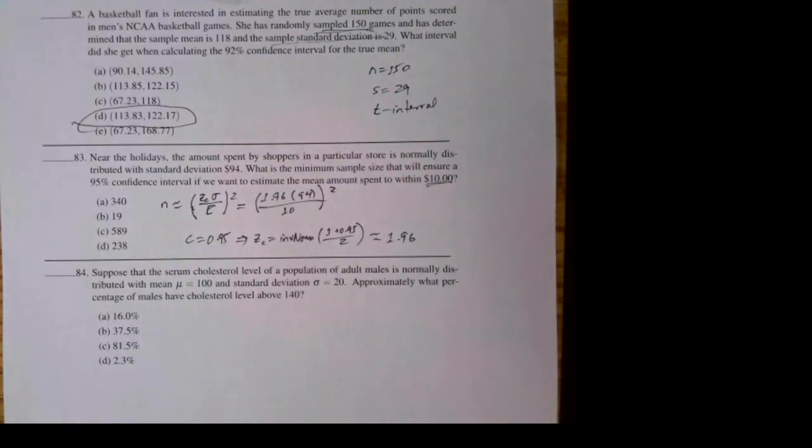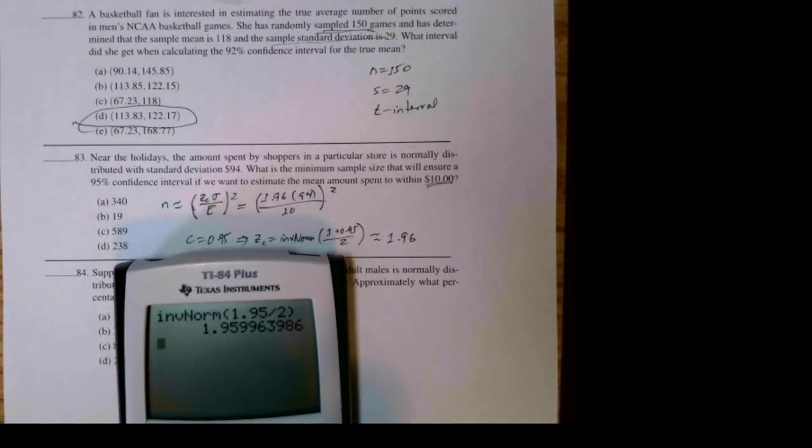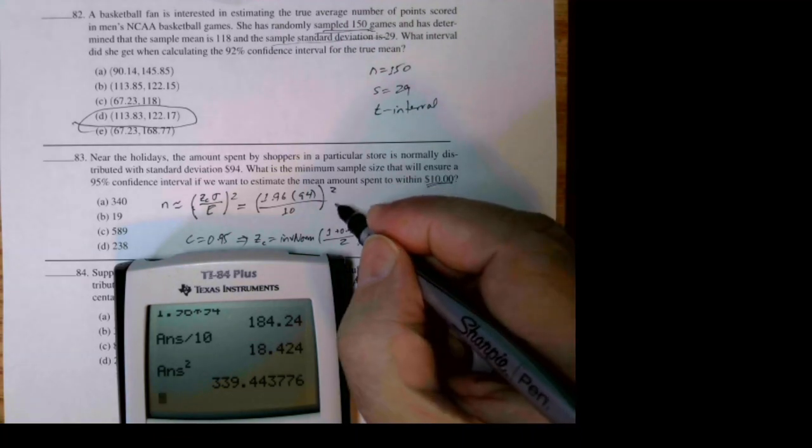And then when I get done, I'm going to square that. So 1.96 times 94 divided by 10 is 18.424. Then I'm just going to hit my x squared button, and it'll give me 339.44 approximately.